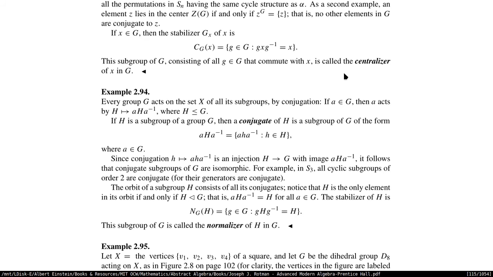So A commutes with XPX inverse. Then everything that commutes with XPX inverse is also going to commute with A. Meaning the center of XPX inverse commutes with A, meaning it's in the centralizer. I'm making some rapid implications.